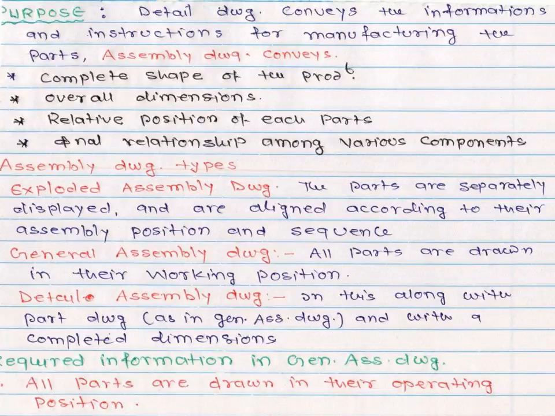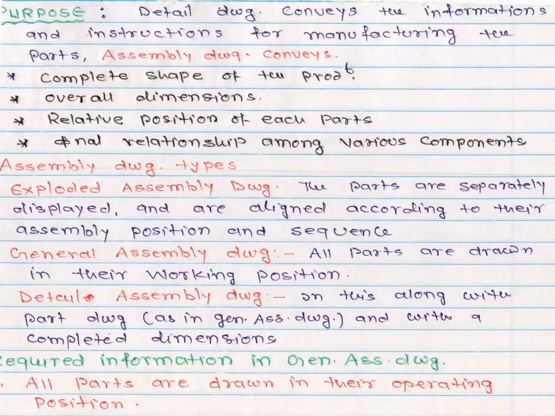So we have to draw the various components sequentially. In general assembly drawings, all parts are drawn in their working positions. The detailed assembly drawing includes the part drawings with complete dimensions. Whatever dimensions are needed for a particular part in a particular component should be identified in a proper manner.